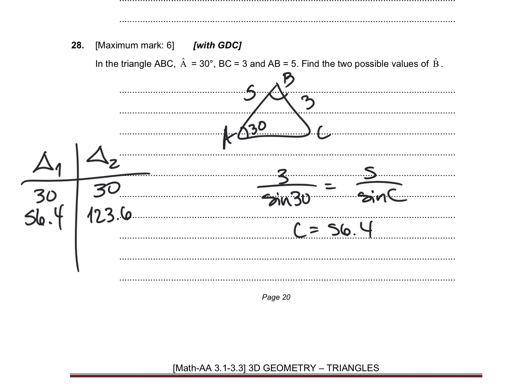And then we do 180 minus 30 minus the 56.4, and that gives you 93.6. And if you do 180 minus 30 minus the 123.6, you get 26.4. So those are two possible values of B, because these were C and this is B.